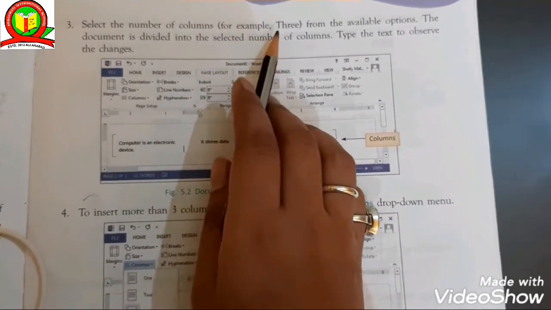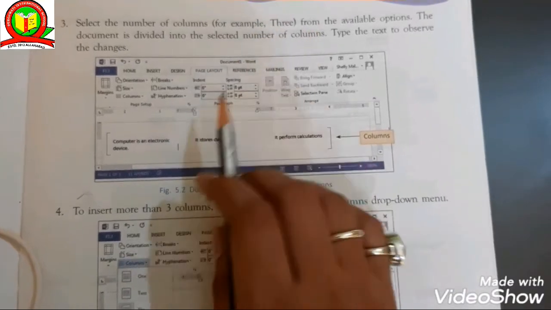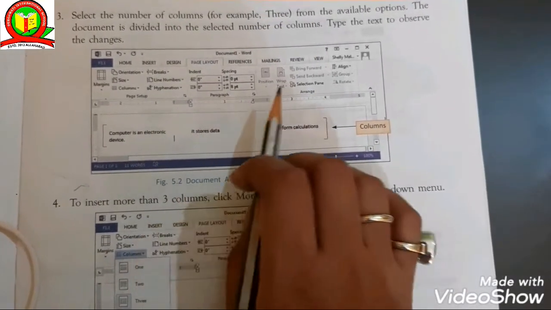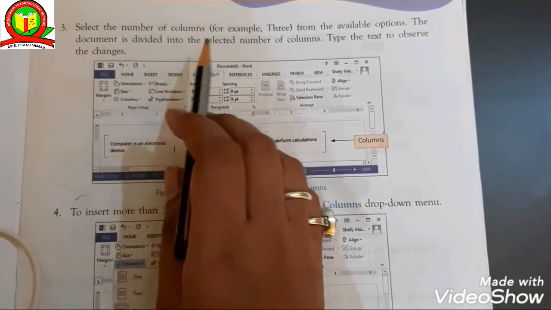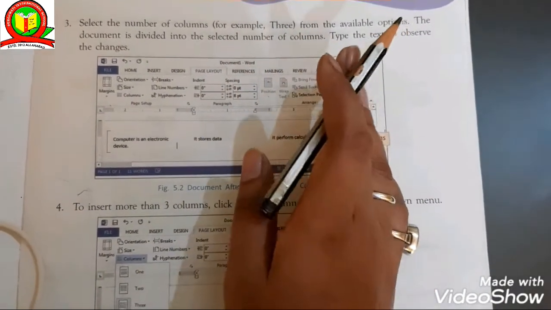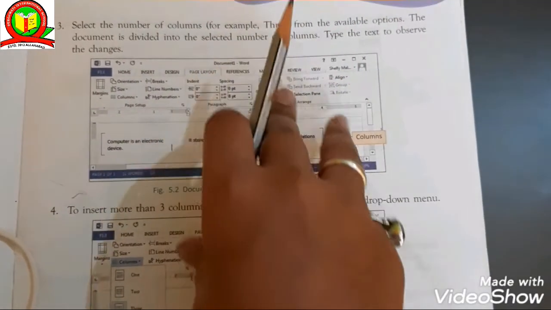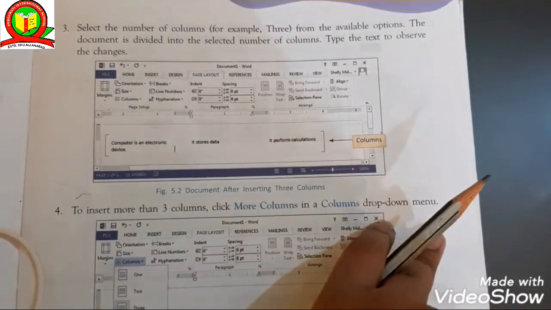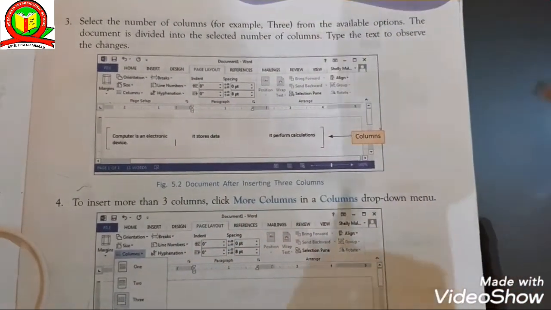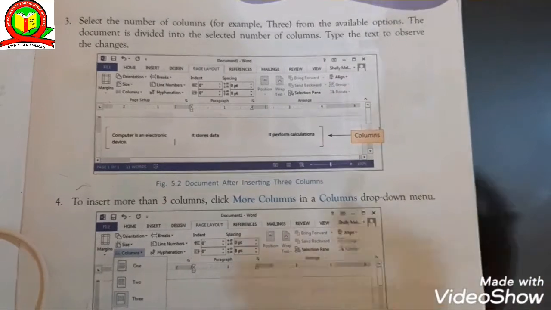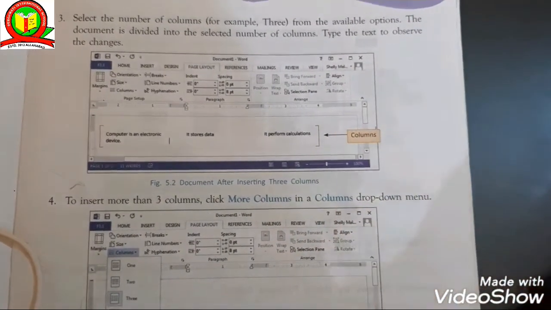Here the example given is 3 from the available options. The document is then divided into the selected number of columns. Whatever number of columns you have chosen, your selected text will be divided into that number of columns.